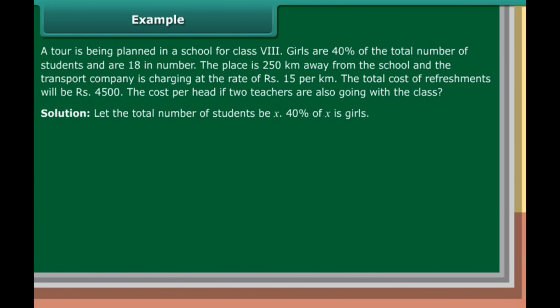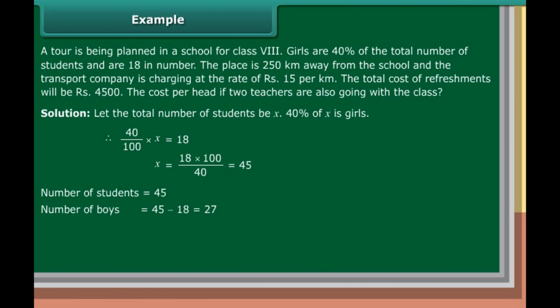Solution. Let the total number of students be X. 40% of X is girls. Therefore, 40 upon 100 into X is equal to 18. X is equal to 18 into 100 upon 40, which equals 45. Number of students is equal to 45.